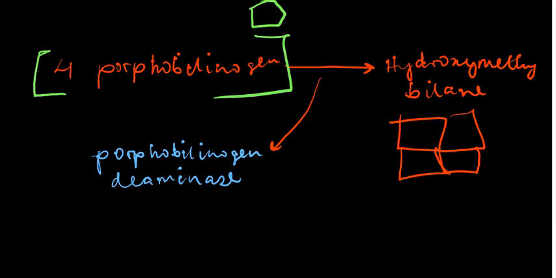They condense, four molecules of porphobilinogen, and they form a linear tetrapyrrole that we call hydroxymethylbilane. This hydroxymethylbilane is composed of four pyrrole rings of porphobilinogen that are fused together. The enzyme that aids this is porphobilinogen deaminase. This is the one that's making all this happen.